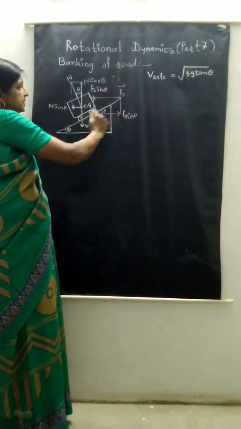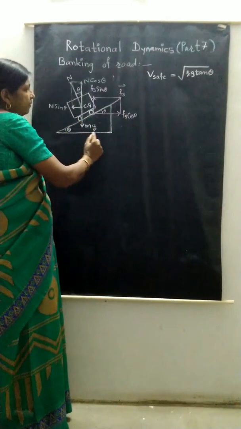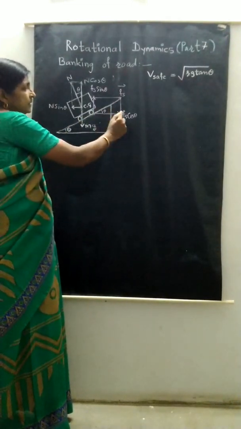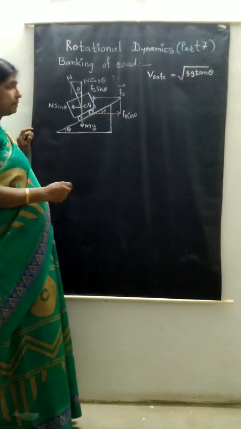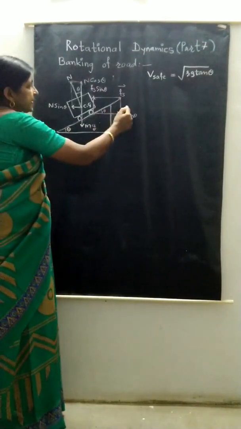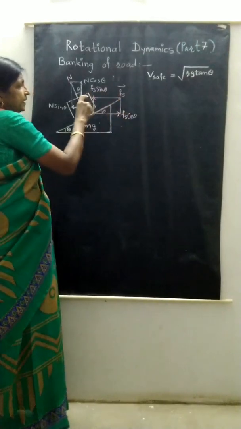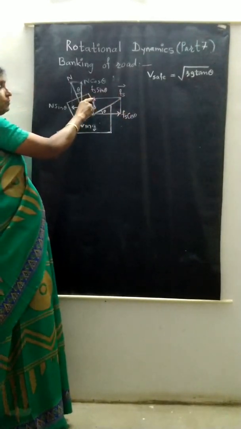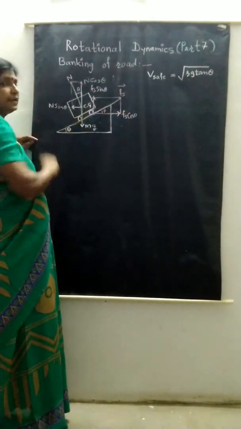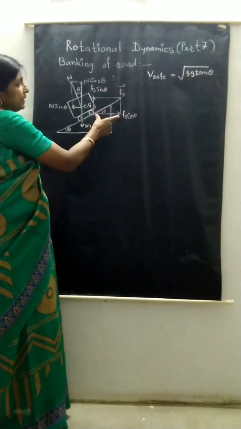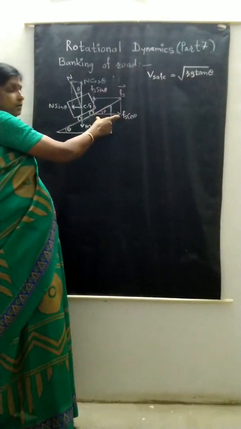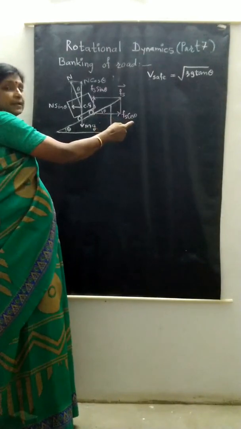Hence, this is the same line and I have drawn a parallel line to this. Hence, this angle is theta. The opposite side naturally will be Fs sin theta. So, this side and this side are of equal magnitude. Therefore, this is Fs sin theta. And this one is the adjacent side of theta. Therefore, it is Fs cos theta.